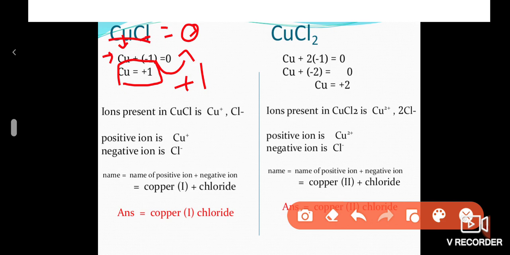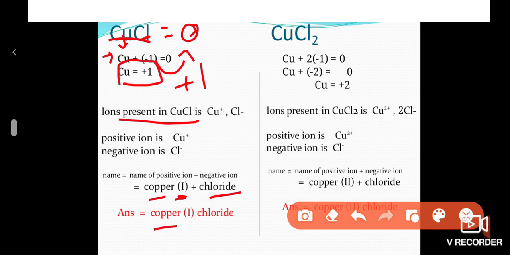Now, the same step. The ions present in CuCl are Cu plus and Cl minus. Name of the positive ion plus name of the negative ion. Here we denote the valency of the copper. So the positive ion is copper, and we denote its valency 1. And the name of the negative ion is chloride.